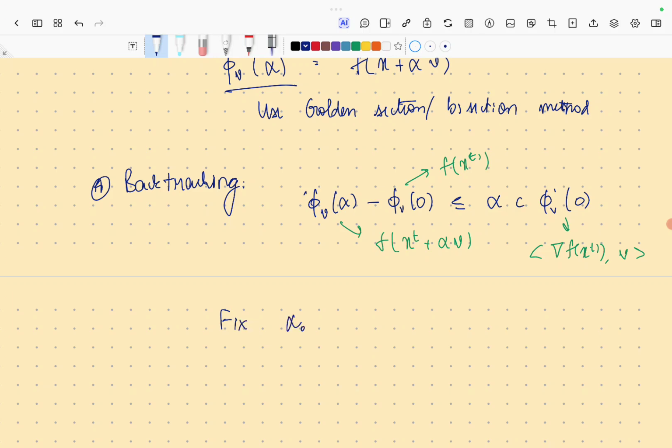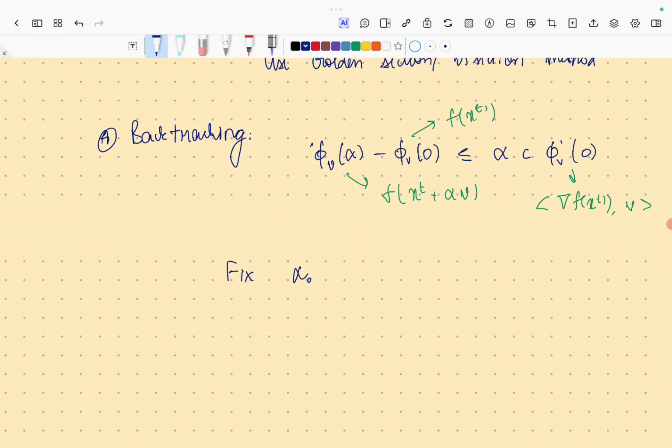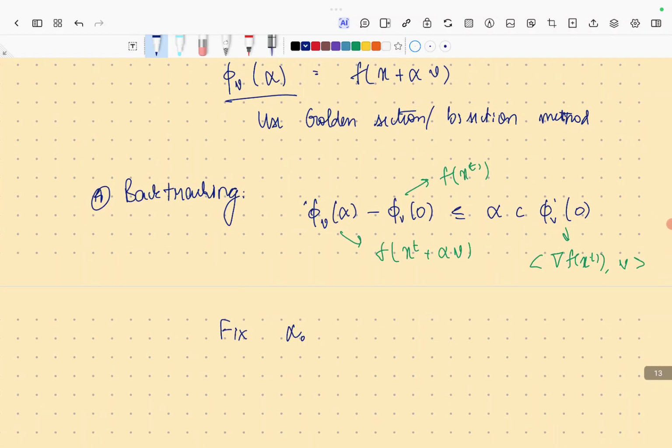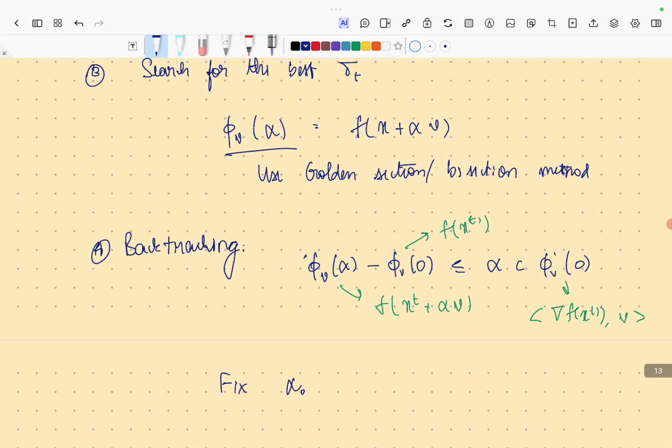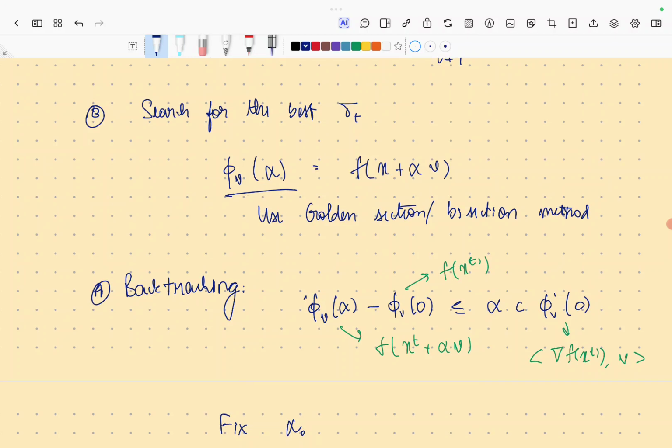All right? And how do you do this? So basically you fix an alpha naught. Okay. How to differentiate phi v? So phi v is the function along this direction. So how do you find the derivative of phi v? You just use the chain rule.